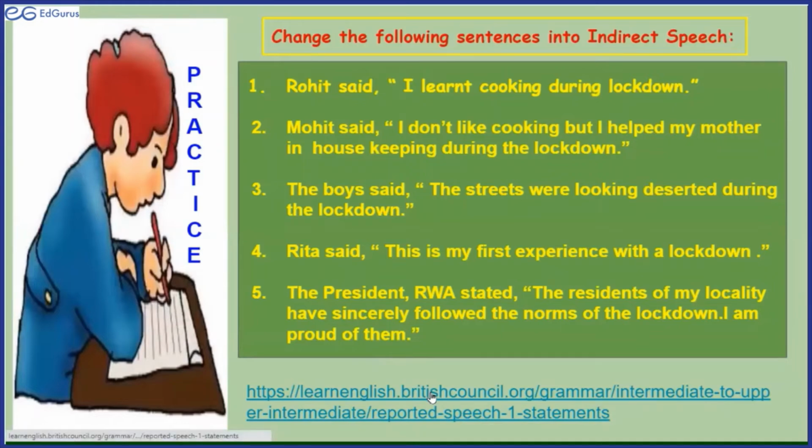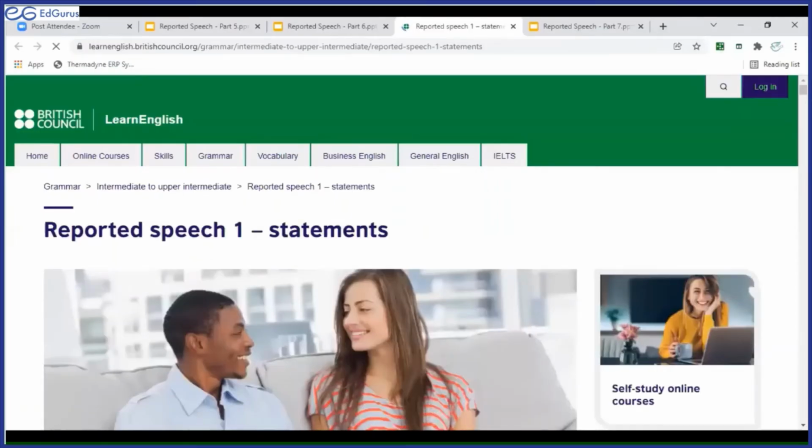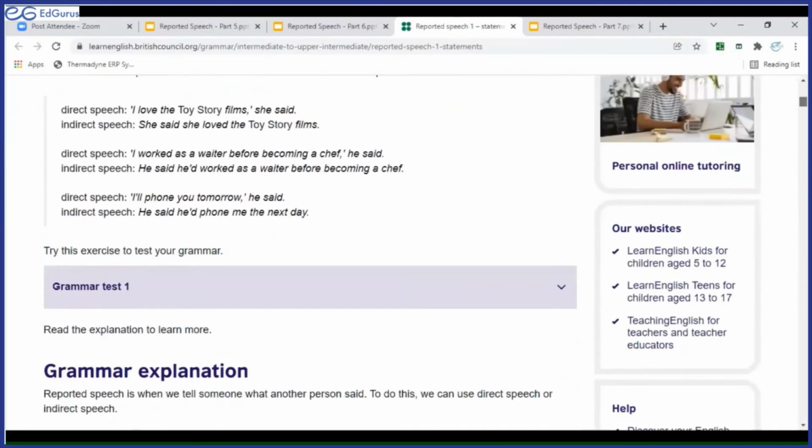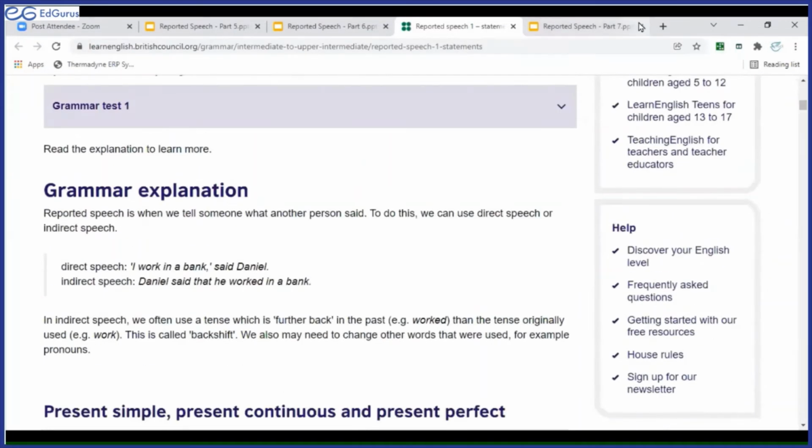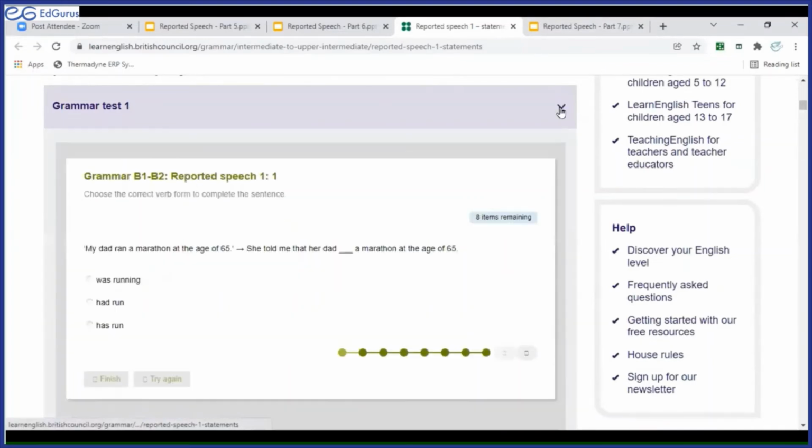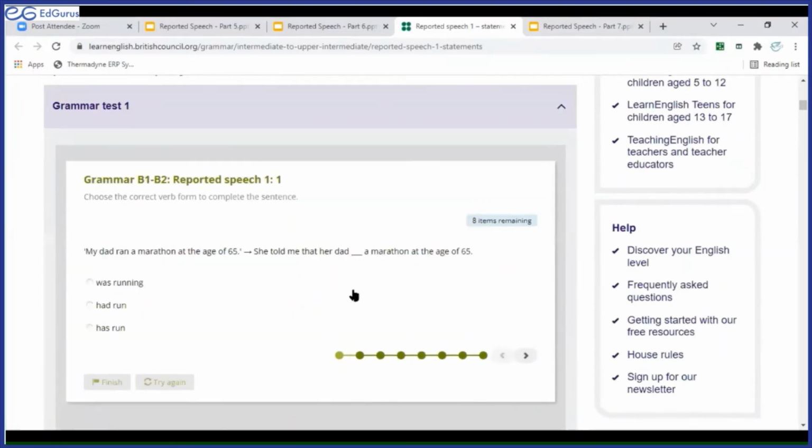Now here is the one from British Council about statements. My dad ran a marathon at the age of 65. Yes, Anmol.